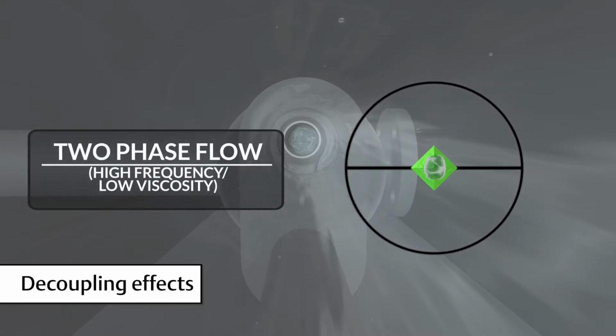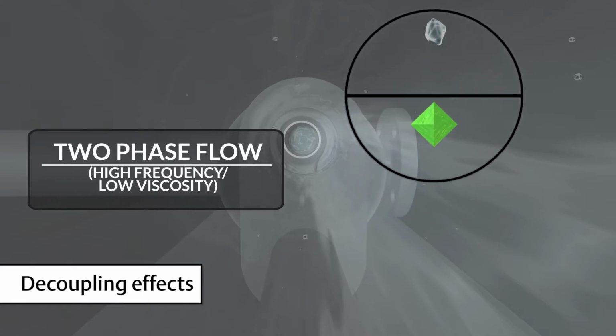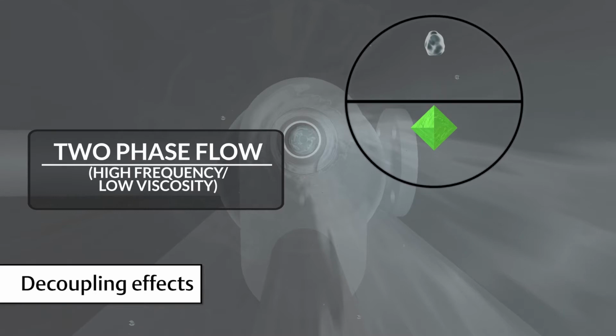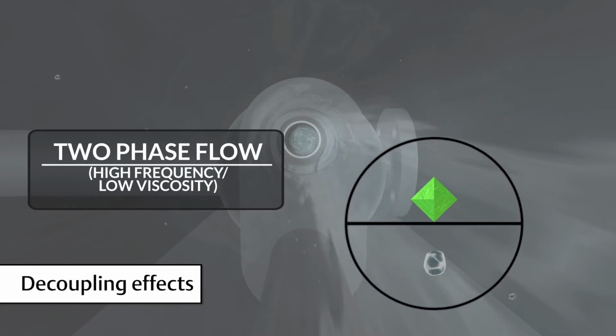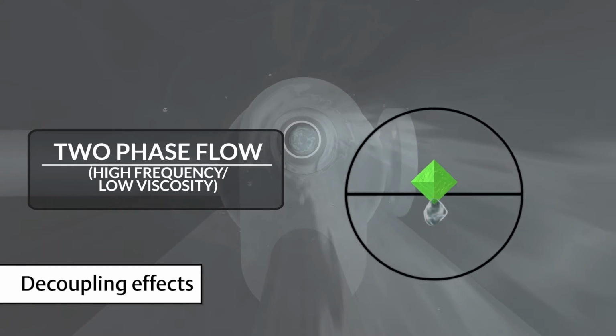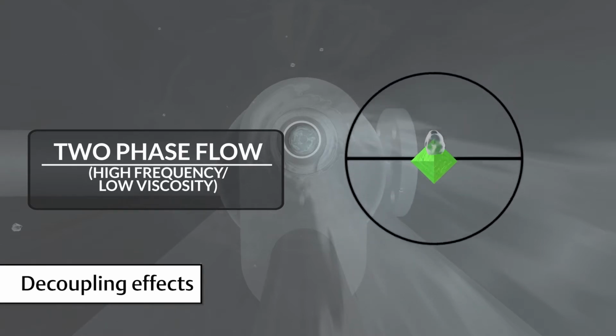In the case of high-frequency, low viscosity, you basically have a worst-case scenario. In this case, decoupling is the greatest, and the bubble moves further than it could in any other scenario. Therefore, the errors are the greatest.